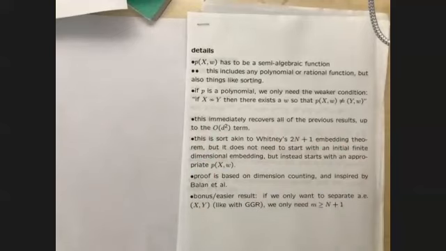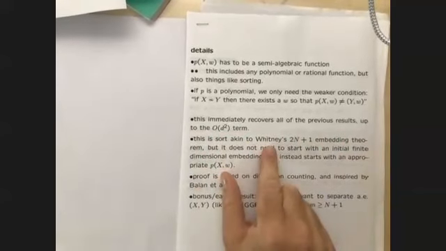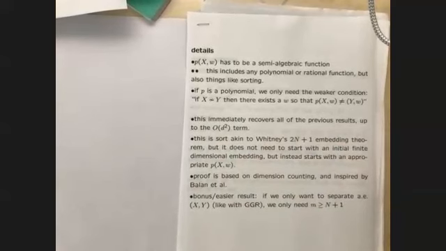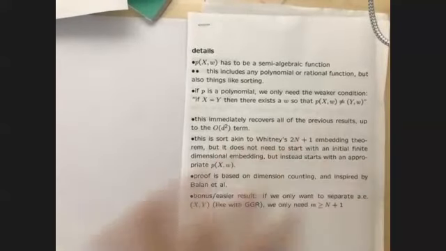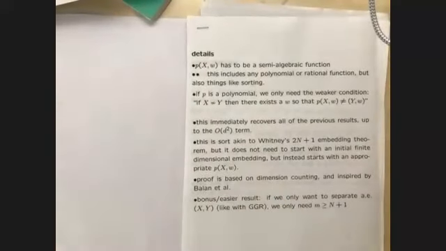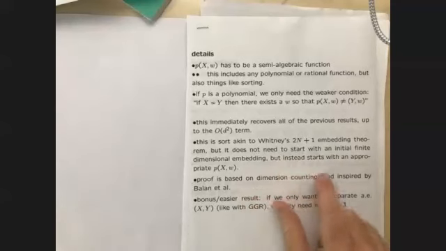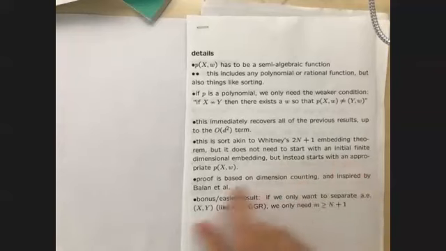Now, depending on what people like and don't like, this may remind them of Whitney's 2n+1 embedding theorem. That's a theorem that says a smooth manifold of dimension N can very easily be embedded into R to the 2n+1. There's another Whitney theorem that doesn't have the +1, but I'm talking about the +1 theorem, and that looks a lot like what we just said. But it's not technically the same theorem, because if you want to implement Whitney, it starts out with an initial very high finite dimensional embedding, and then shows that you can reduce that down to a low number.